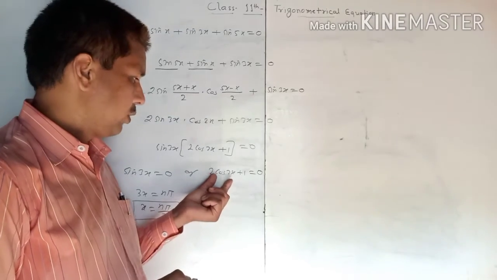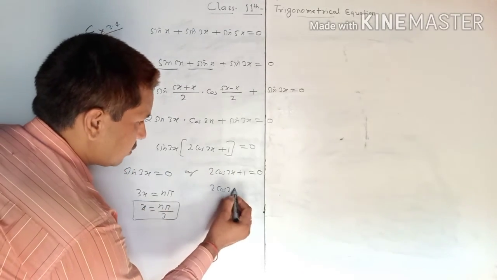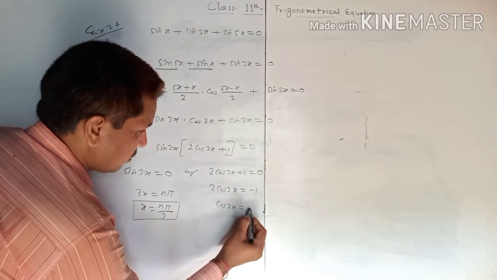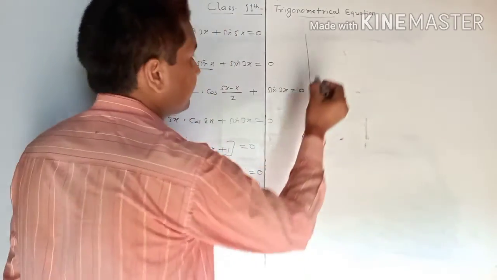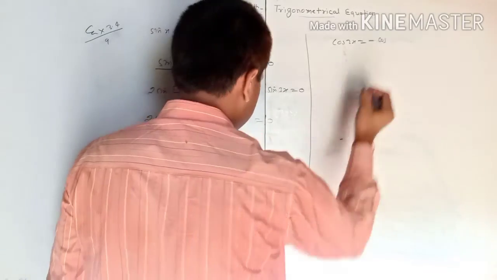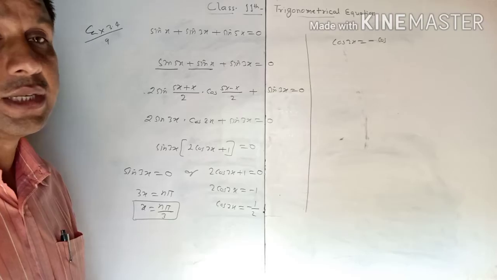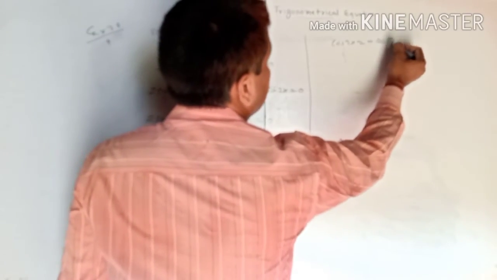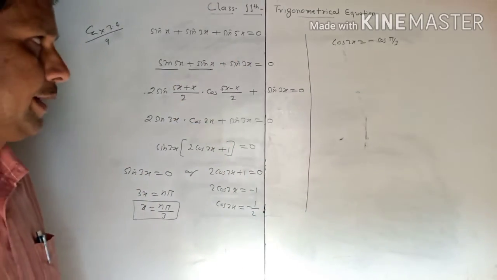If 2 cos 2x plus 1 is equal to 0, means 2 cos 2x is equal to minus 1. So cos 2x is equal to minus 1 by 2. This can be written as cos 2x is equal to minus cos of 1 by 2, means cos 60 degree. Cos 60 degree means pi by 3. So cos 2x is equal to minus cos pi by 3.